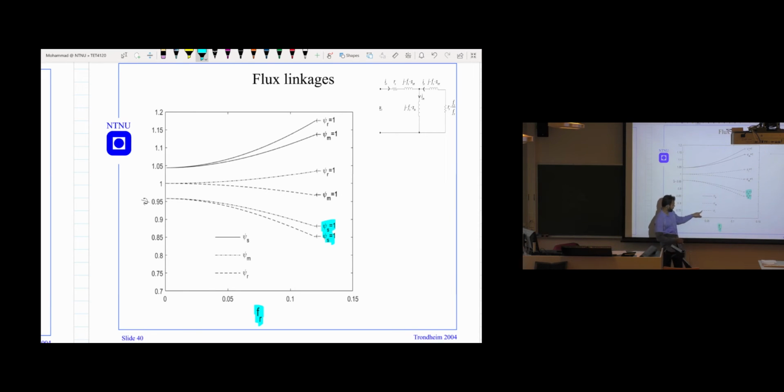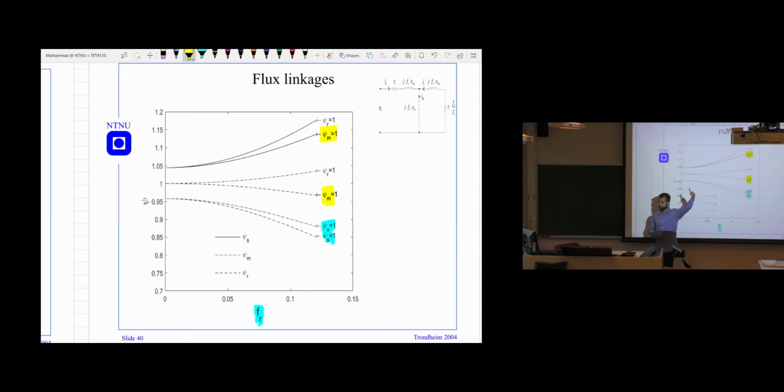The dashed line is for the rotor flux, and the dash-dot line is for the magnetizing flux, and you can see that if we keep this one constant, the other two are reducing. So we see a similar behavior. When we keep the magnetizing flux constant, you see that the rotor flux is reducing while the stator flux is increasing.